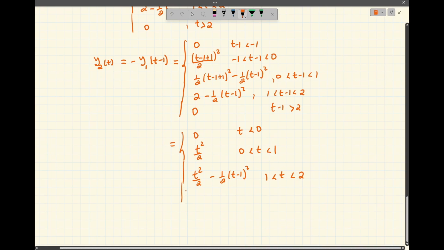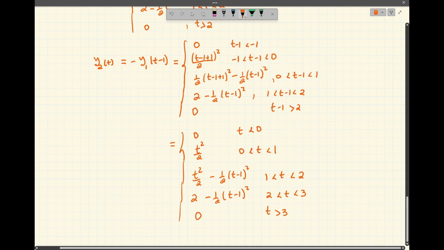And the last one, 2 minus half (t minus 1) square, that gives me 2 less than t less than 3, and that will be 0 when t is bigger than 3.